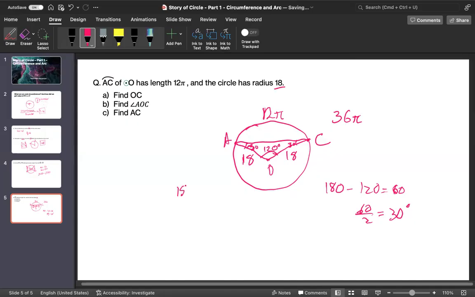So 18 is equal to AC by 4. So 18 times 4, that would be 40 plus 36, which is 76. So AC is equal to 76.